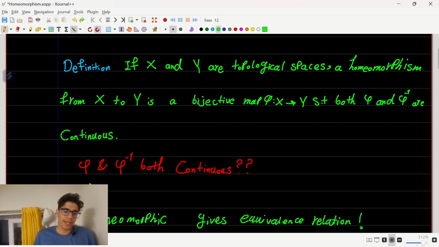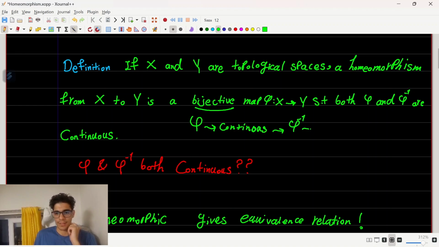One thing that you may have noticed is that we mentioned that both phi and phi inverse should be continuous. So you may think that if our function is bijective and phi itself is continuous, then the inverse should also be continuous, but that's actually not true because we have a counterexample.